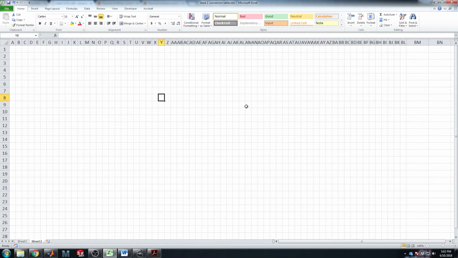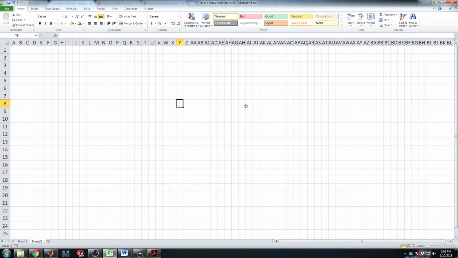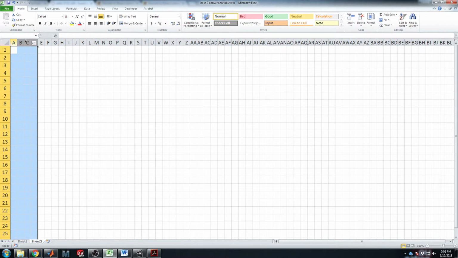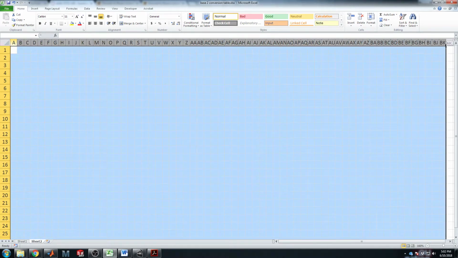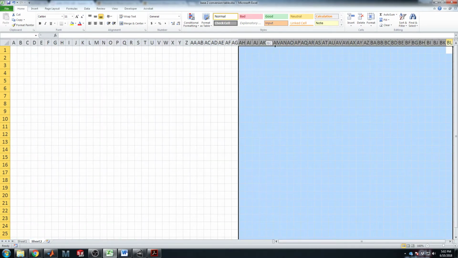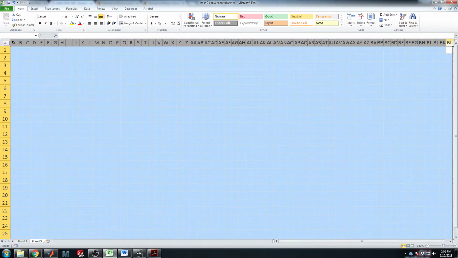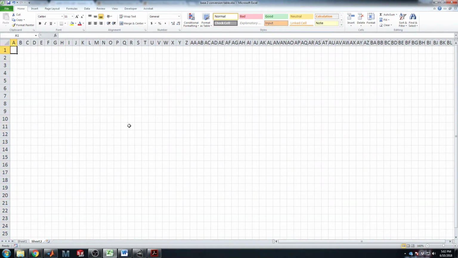Now you'll notice that I have all the columns shrunk up to column BL, and that's intentional because that is the 64th column. If I highlight all these, you see that now I've highlighted 64 columns. That is the bit depth of a double precision number. The first bit, if you might remember, is our sign bit, so let's go ahead and make this column shaded.